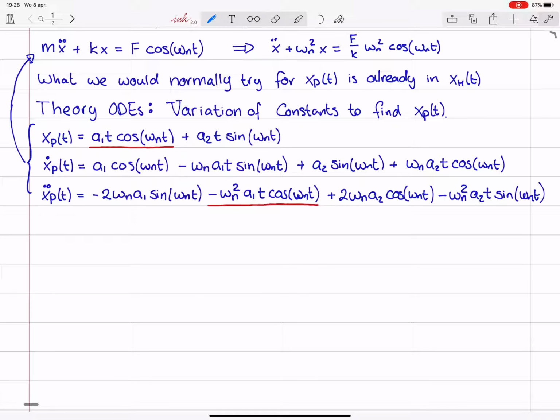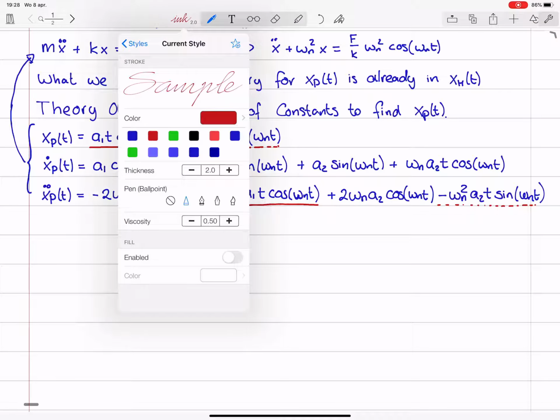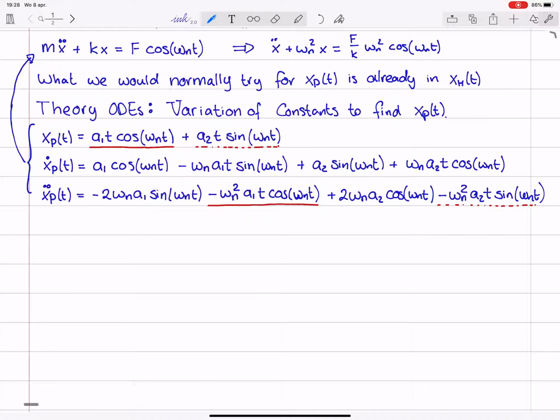And the same holds for this term with this t here and the sine. That will be cancelled against this term, which upon substitution in this normalized equation of motion will be multiplied by omega n squared. So that is good. So in fact, the only thing that remains on the left hand side are these two terms in the acceleration.